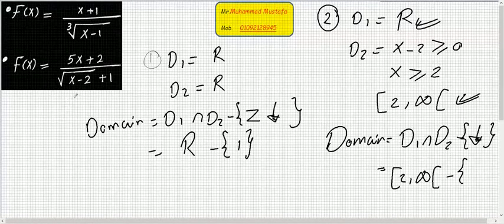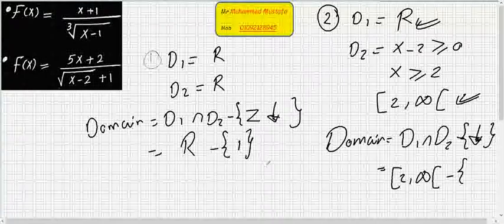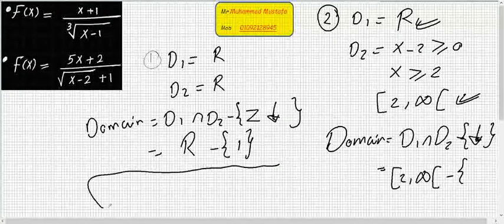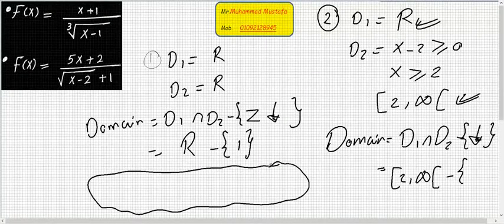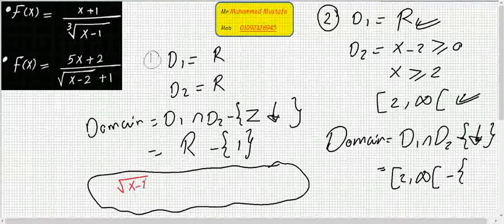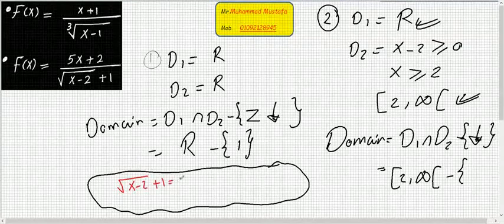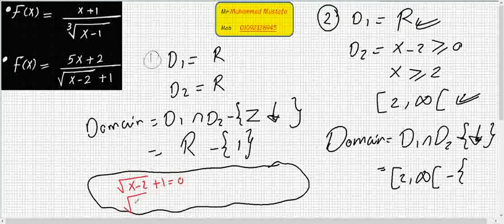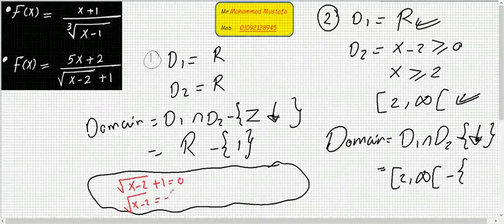To find the set of zeros of the denominator, we put the denominator equals 0: square root of x minus 2 plus 1 equals 0. Square root of x minus 2 equals negative 1.